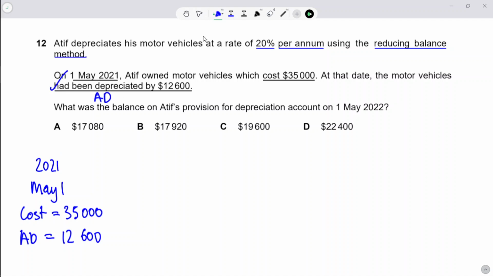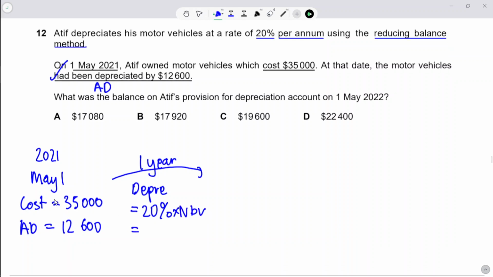Then also you say per annum, so is 1 year. So the depreciation will equal to 20% reducing balance, 20% times the net book value. So the net book value will go to cost minus AD.